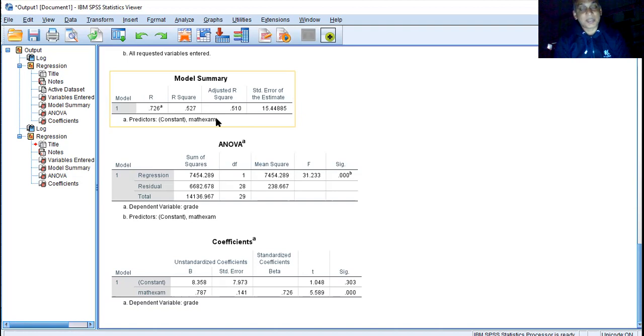Coming to the last, E part of the question, we have to write down the complete answer. So we say a simple linear regression was performed for the predictor variable, math exam, and criterion variable, grade obtained by student in 7th standard.